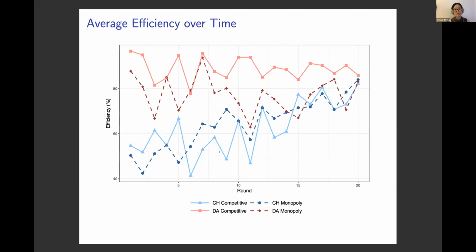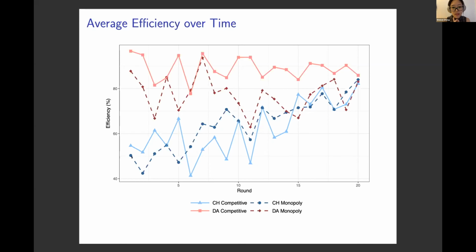And this is what we found for the efficiency. There are 4 lines here. This is efficiency as the percentage of social surplus achieved, over time. The red lines are the result from double auction, and the blue lines are the result from our mechanism.